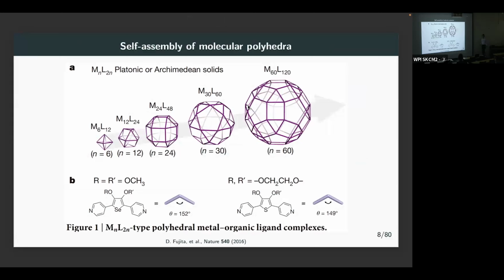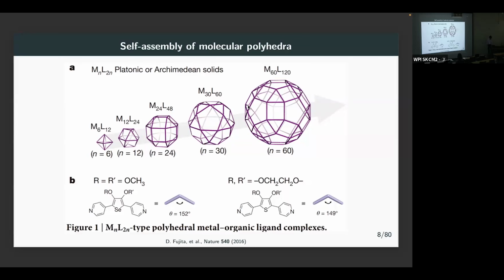Okay, so the supermolecule is made in the Fujita Lab at the University of Tokyo. They use metal ions and also organic ligands to make a complex that is called a supermolecule.